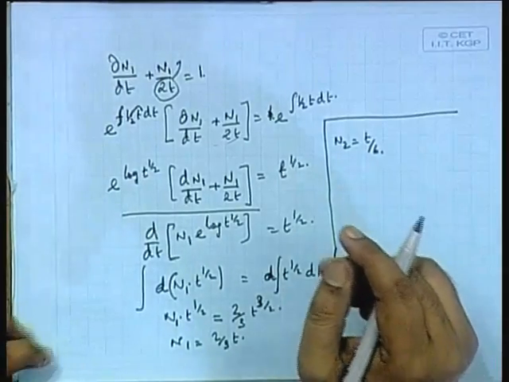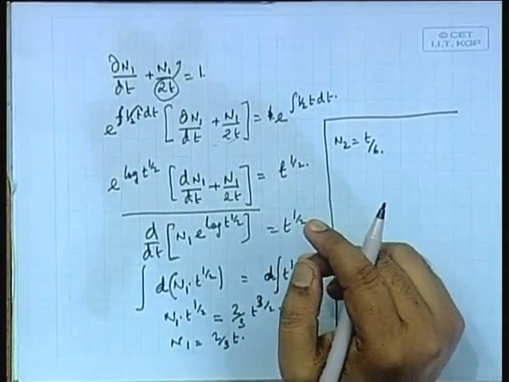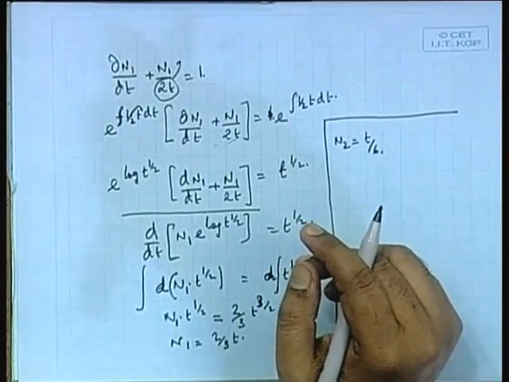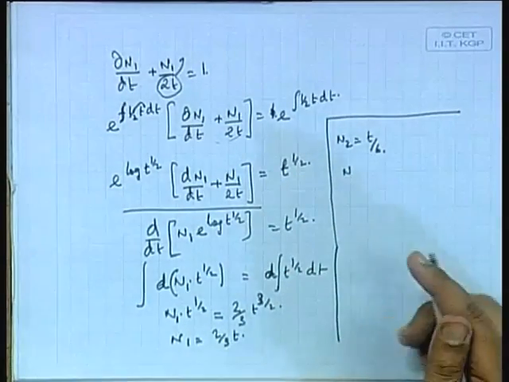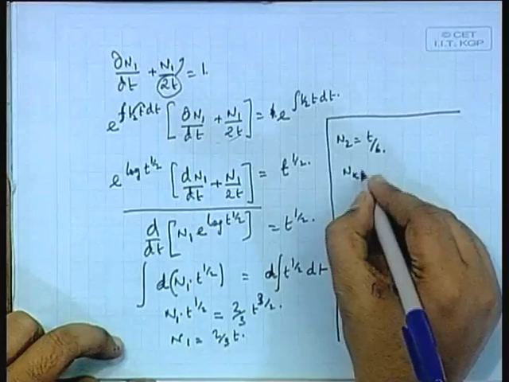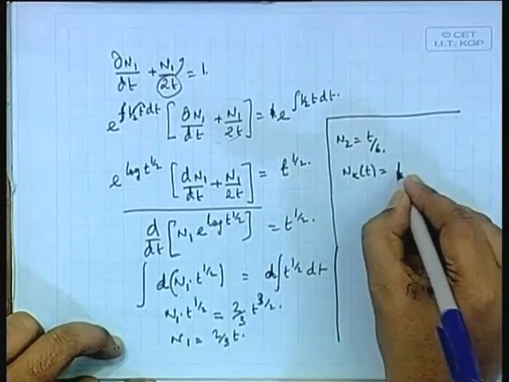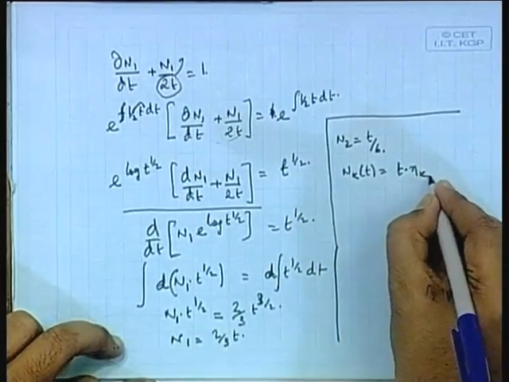If you go on doing this, what you see is that nk(t) follows this formula.